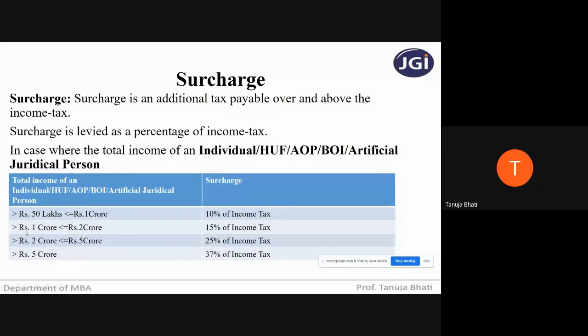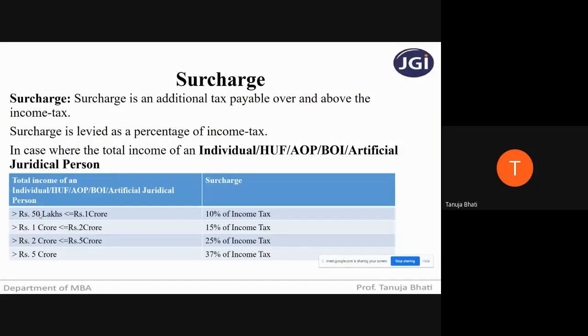Now where the total income is more than 1 crore, but less than or equal to 2 crores, 15% surcharge you need to add. Where the total income is more than 2 crores but less than or equal to 5 crores, 25% of surcharge you need to add, and more than 5 crore, 37% of surcharge you need to add. So remember students, up to 50 lakhs there is no surcharge.